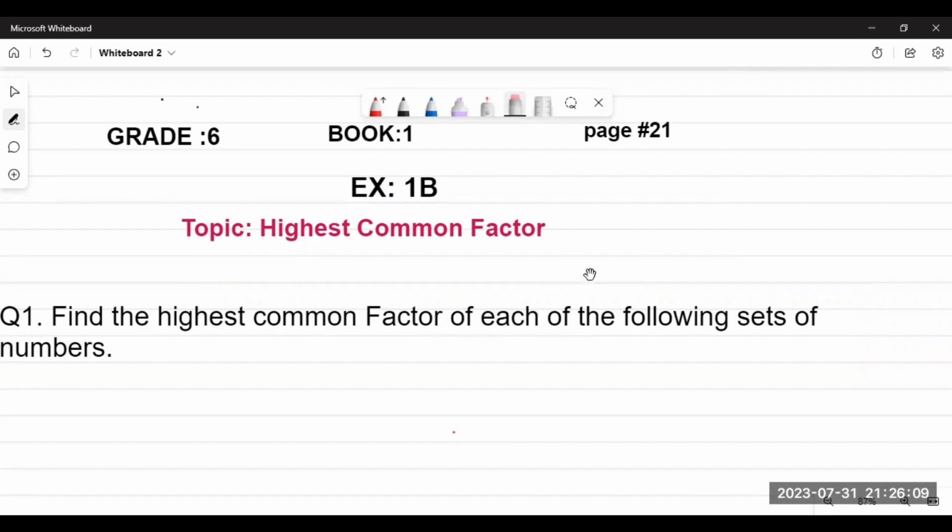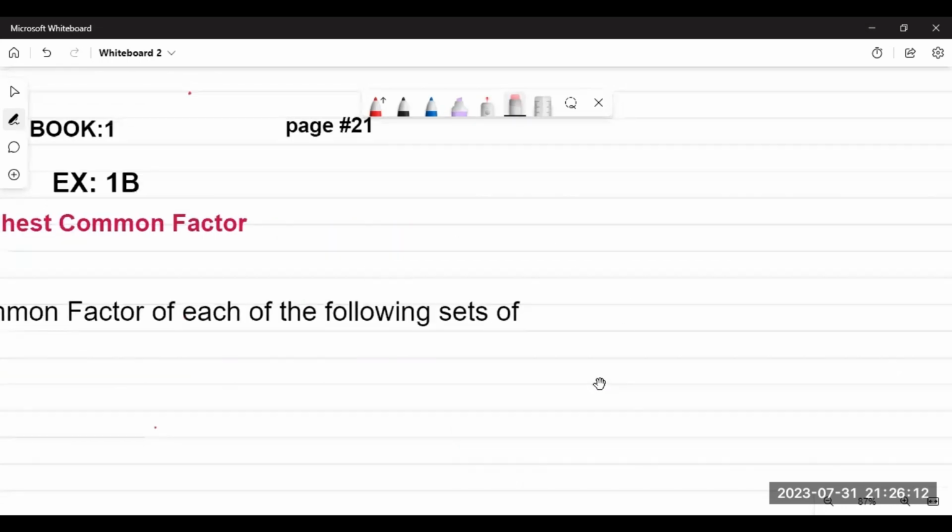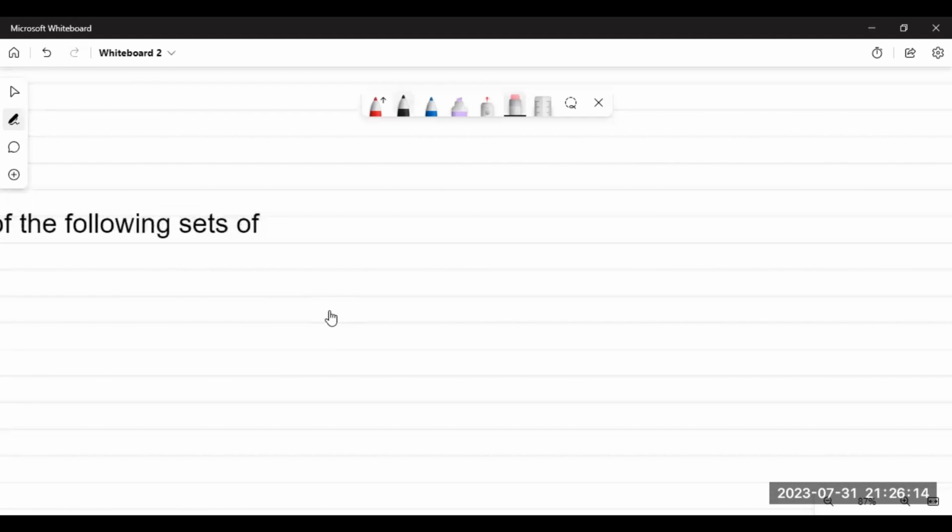But before finding the highest common factors, I want to tell you what the factors are and how to find them. So my dear students, what are the factors? Do you know anything about how to find the factors of any number? Okay, I will tell you how to find the factors.